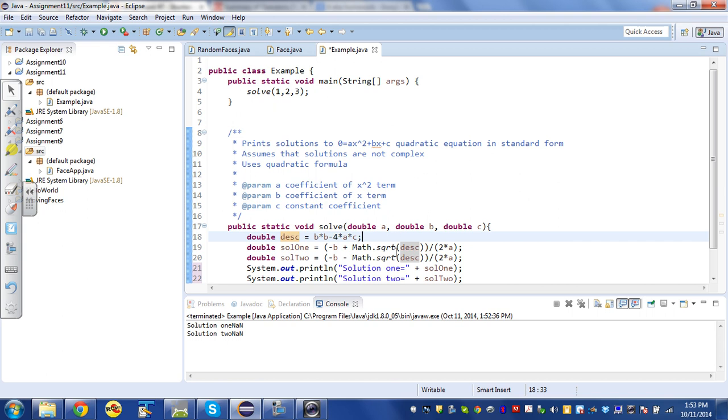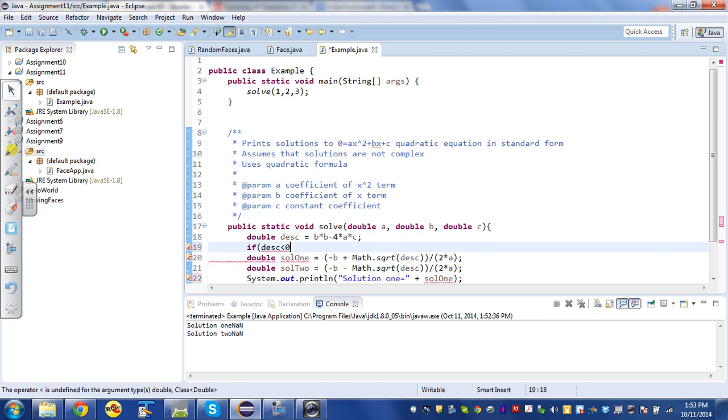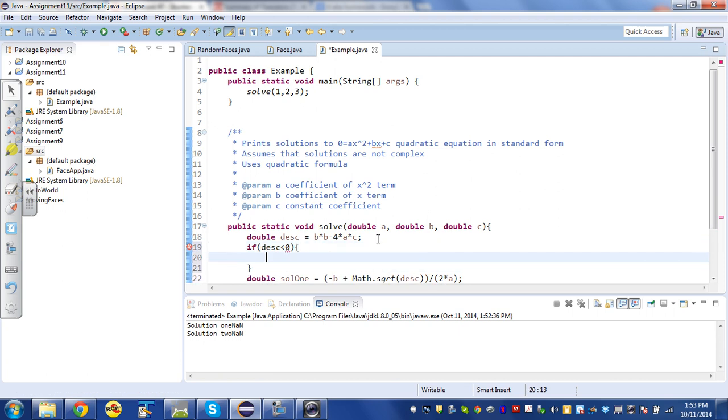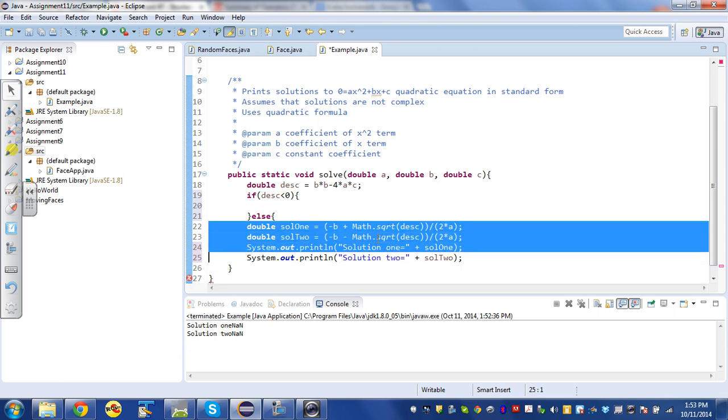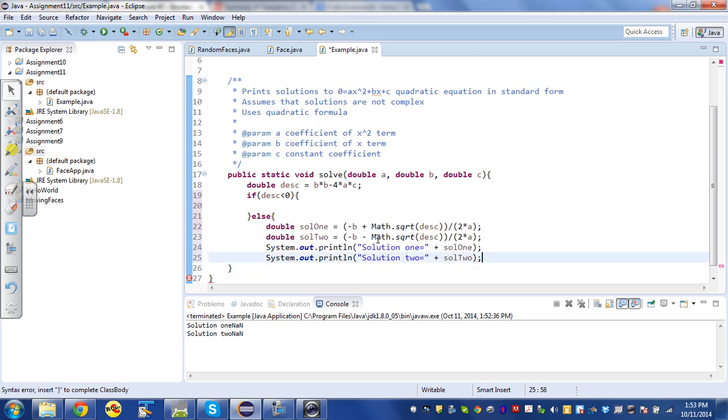If statements to the rescue, conditional statements, right? We can say something like, if the discriminant is less than 0, do something intelligent. Else do this stuff.